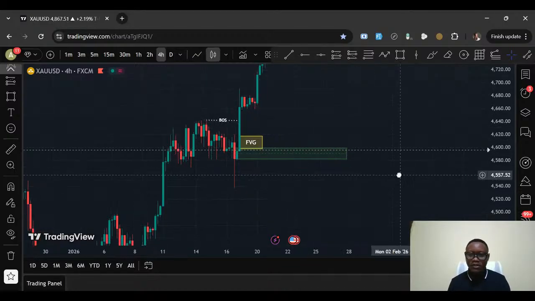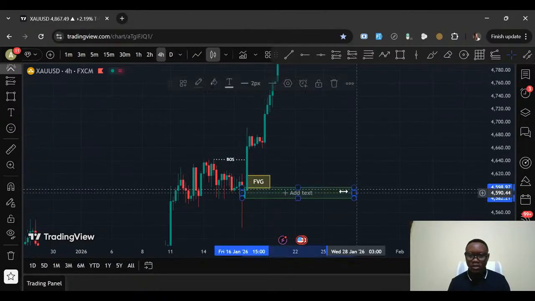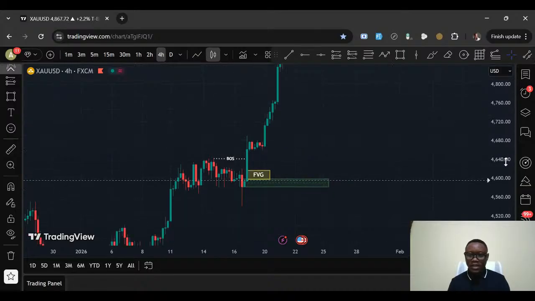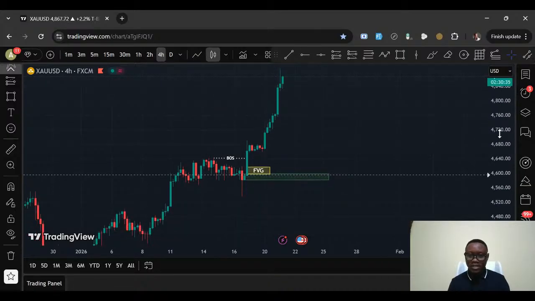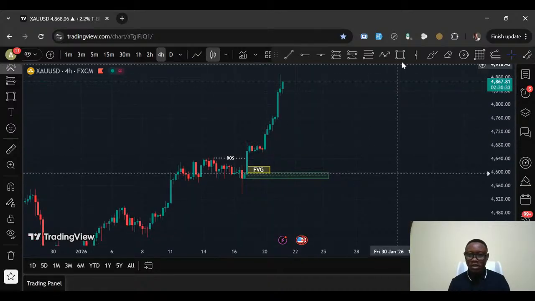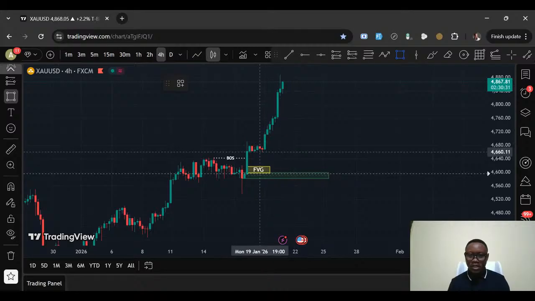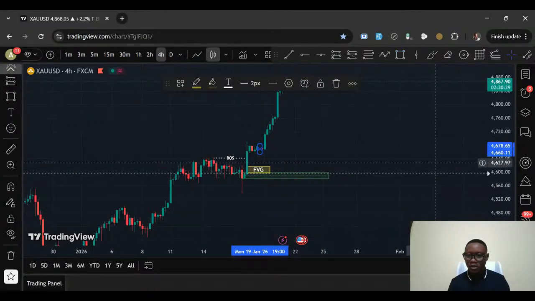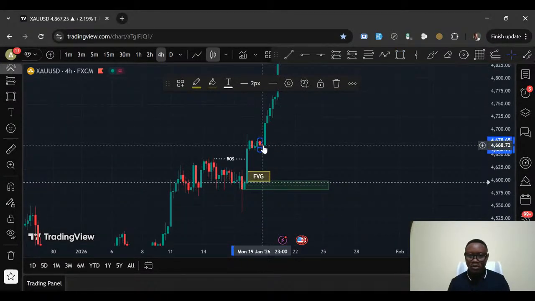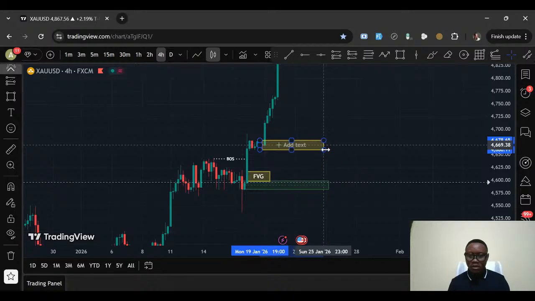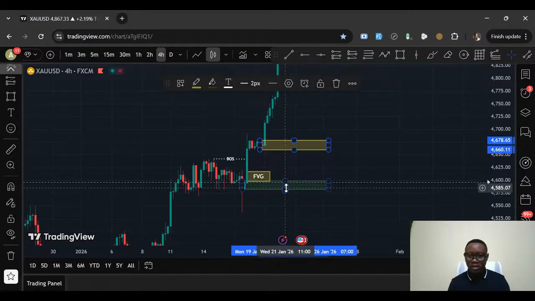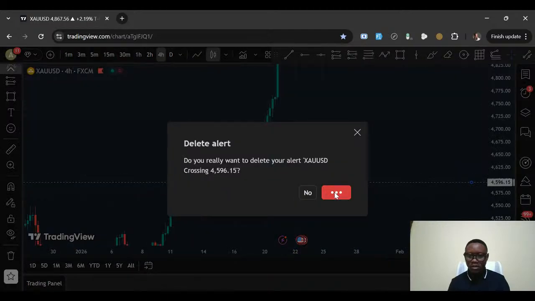Now on the 4H time frame, we have this order block. But again, I can see a new order block here, which I would mark out. Let me take out this line, I don't need this.